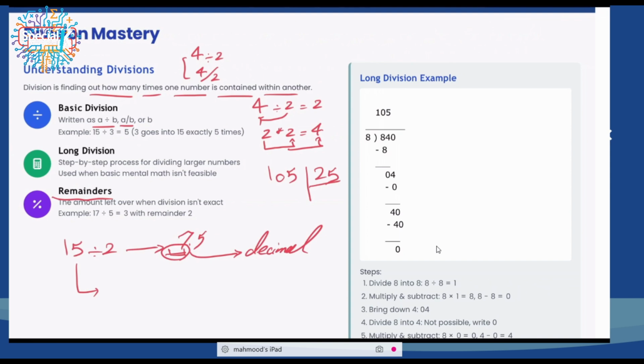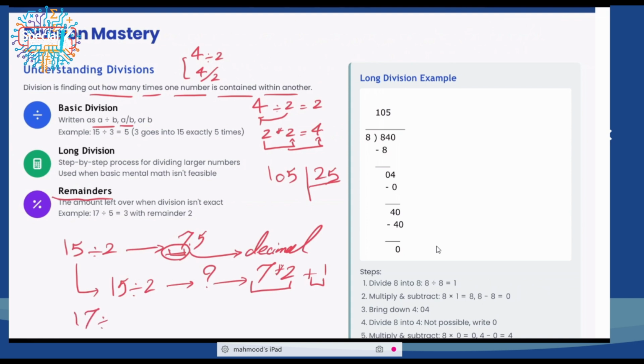It means that if I divide 15 by 2, I'm looking for how many times this 2 is repeated inside the number 15. Based on that, I know there are 7 full 2's in number 15 plus 1. So 7 multiplied by 2 plus 1.